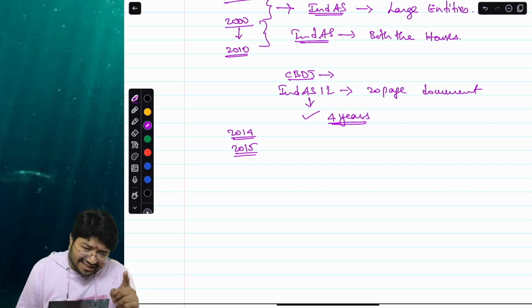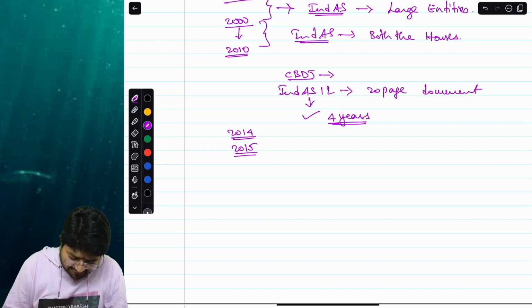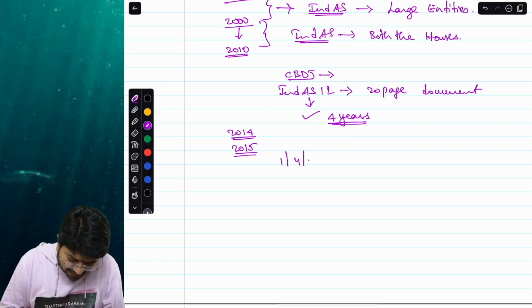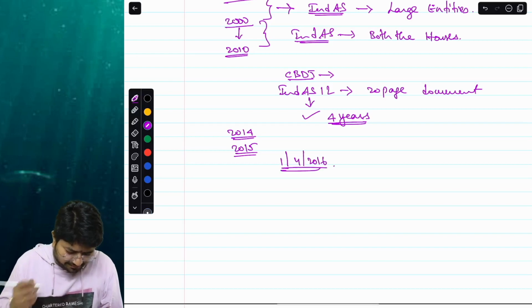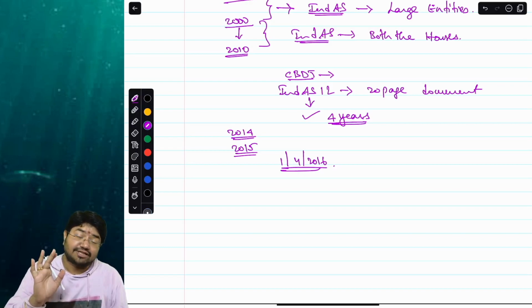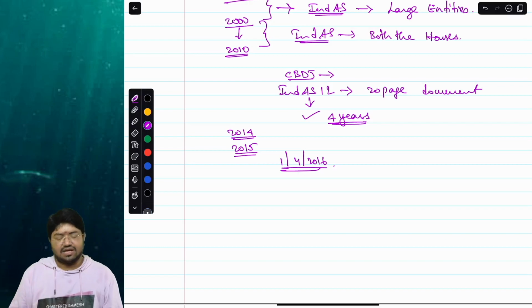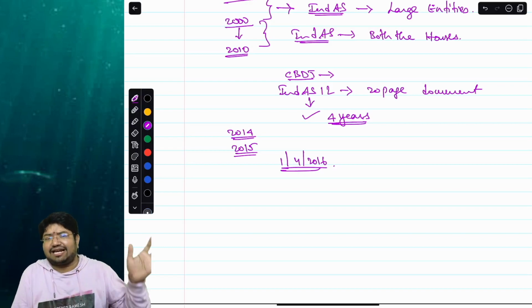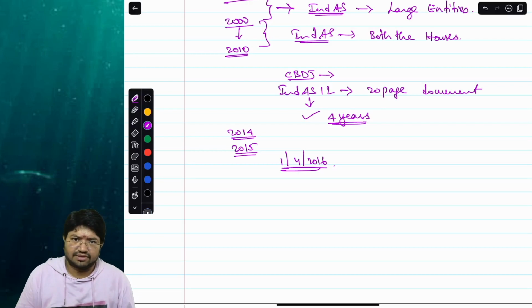However, the effective date of implementation started only from 1st of April 2016. That too, there is a phased manner in which it is implemented.